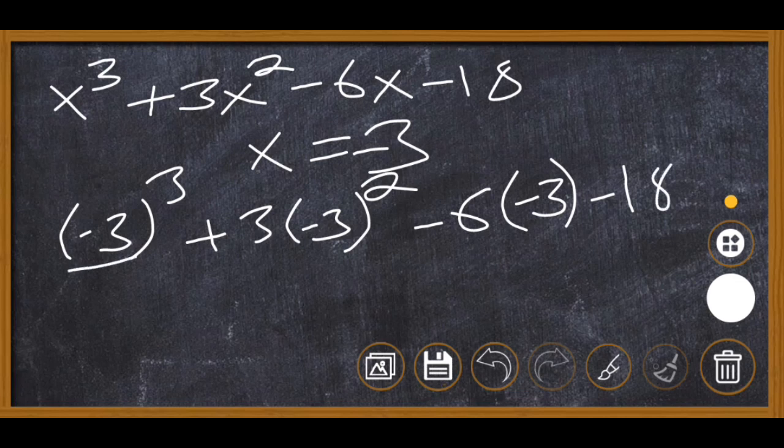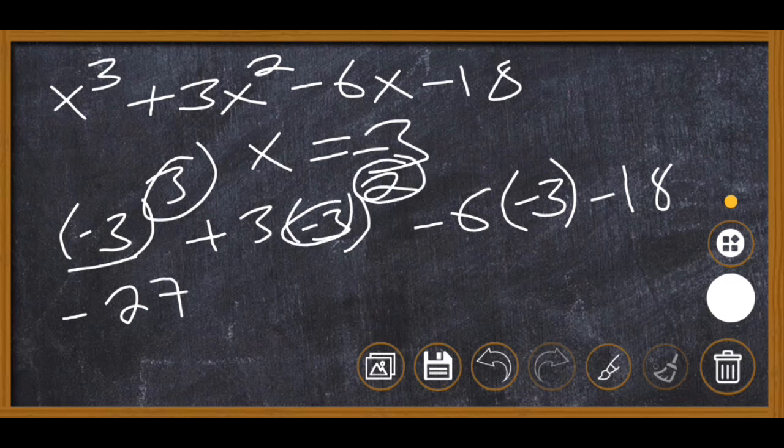So what's negative 3 raised to power 3? It's negative 27. And then negative 3 raised to power 2, it's 9. 9 multiplied by 3 here, we are going to have positive 27.